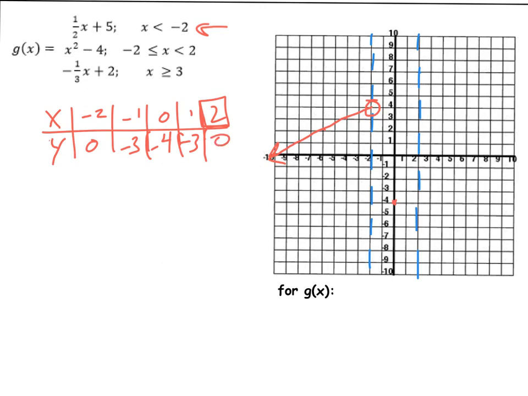It's kind of tedious enough to have to make it, but if you have a trickier function for that interval, that might be the way to do it, is just make a little table, because now I can see with this, all right, at -2, or right there. Right, and I had to be careful. Right there at 2, that circle needs to be open. And there's our quadratic that fits right in there, okay?